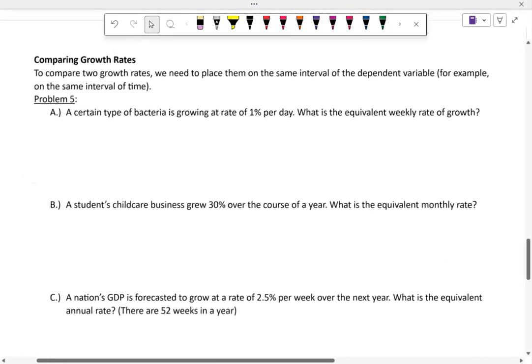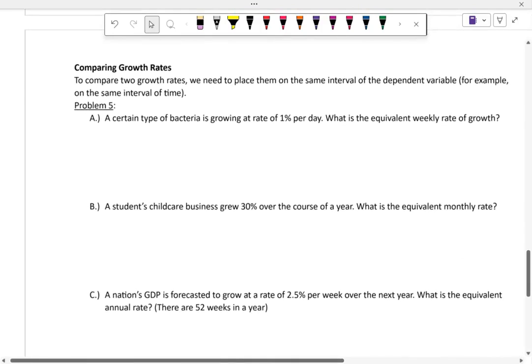I have 5 minutes. This won't take us that long. All right, so there will be times that we will be asked to compare two growth rates, and we will need to place them in the same interval of the dependent variable. So in this case, the same interval of time.